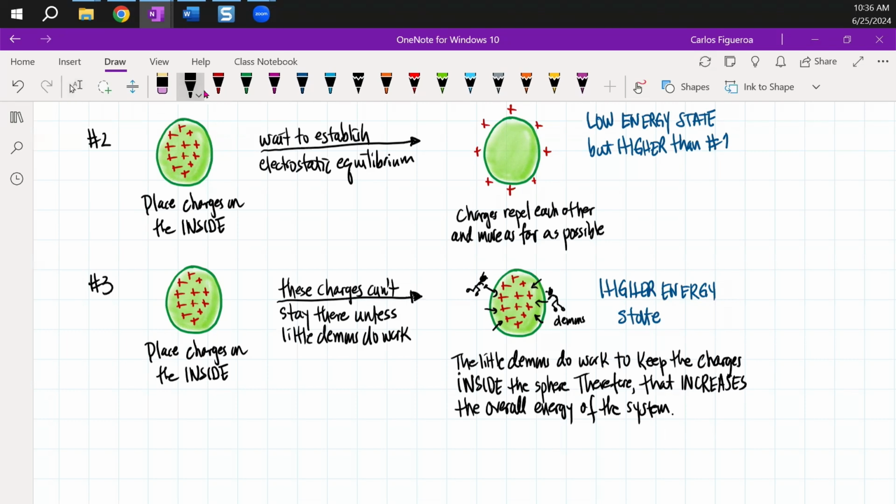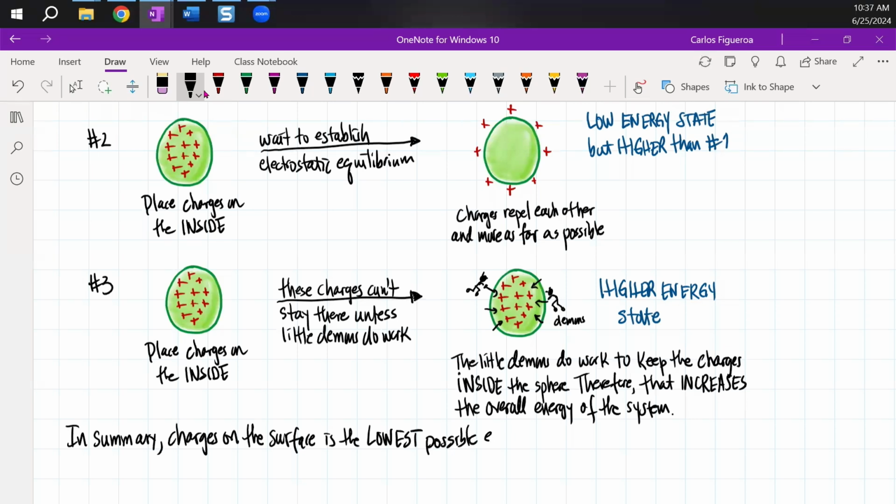So in summary, charges on the surface is the lowest possible energy state. Not on the inside. That's why charges must do that.